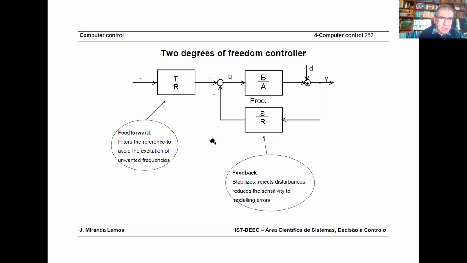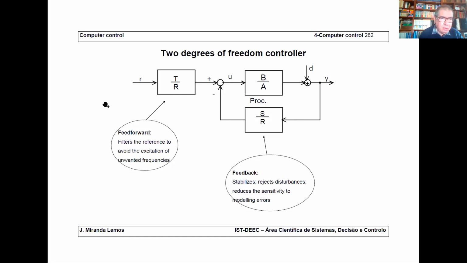Okay, but before we move on, let me make you a comment. Later, we are going to see that R may incorporate an integrator. And in this way, you are using integral control. You are forcing an integral action, which is necessary when you have to track Y with precision.